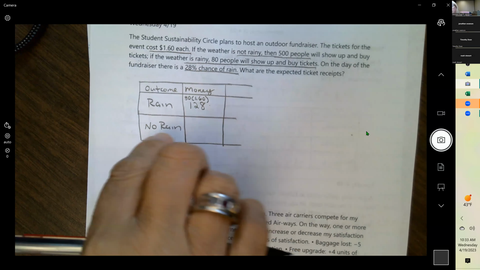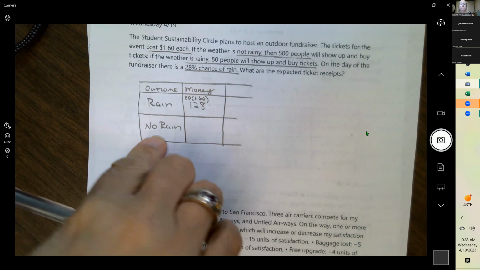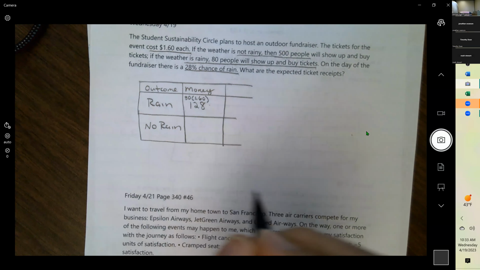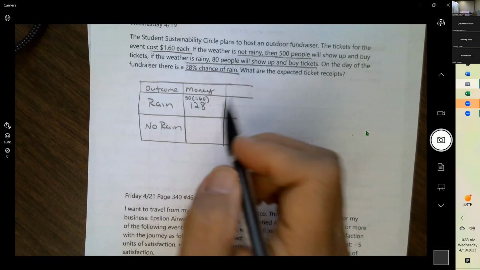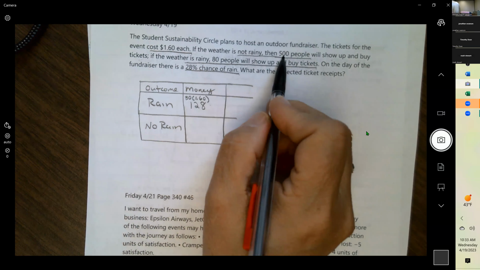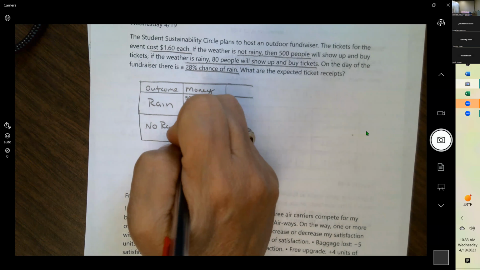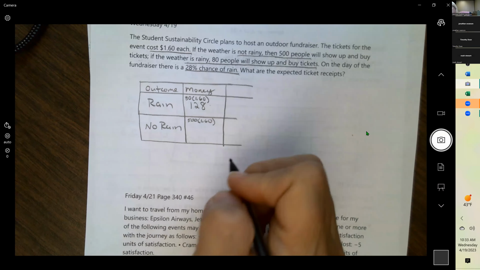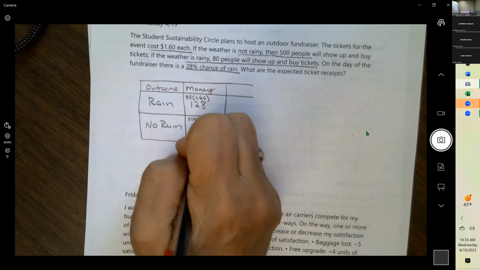How much will we make if there's no rain? Anyone? If there's no rain, 500 are going to show up. Then they're going to pay $1.60 each. You're getting $800.